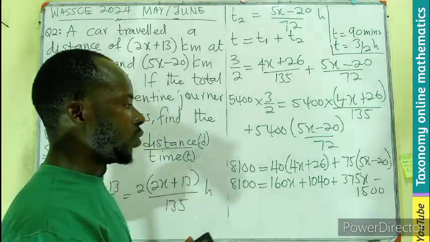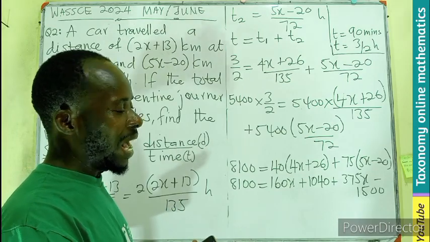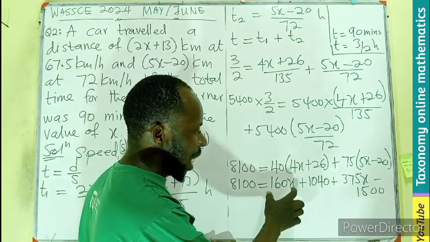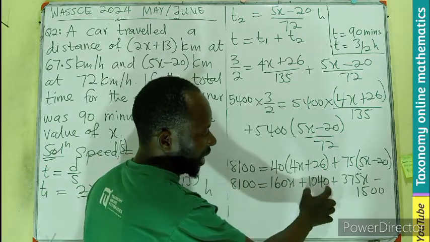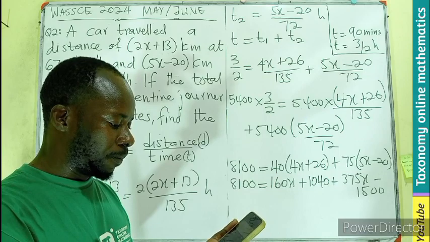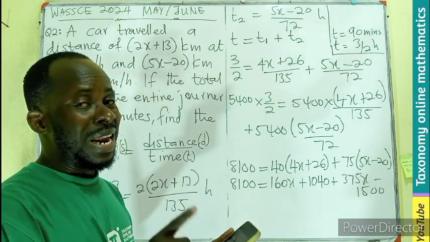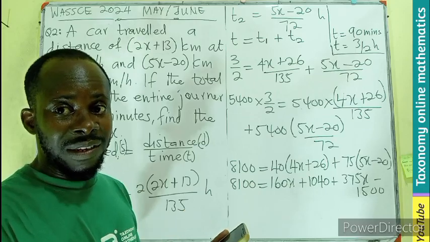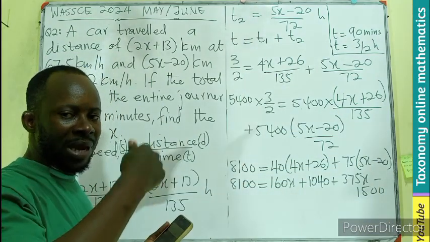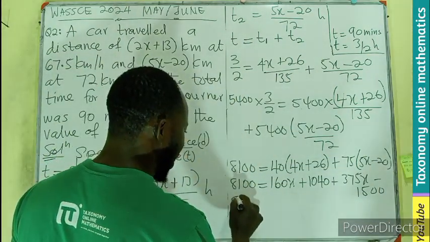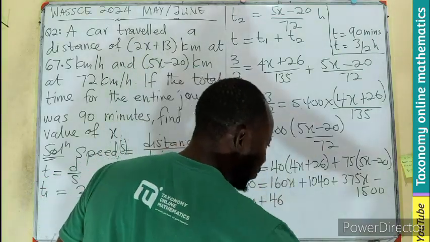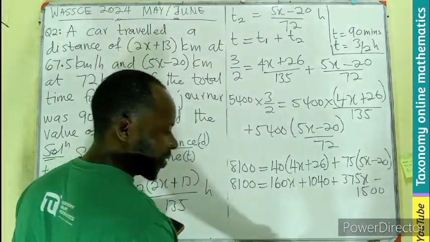I'm going to transpose all the terms without x to the left. But before I move it, because of space, I can compute the right: 1,040 minus 1,500 is negative 460. That is what I am bringing to the left, and negative becomes positive.